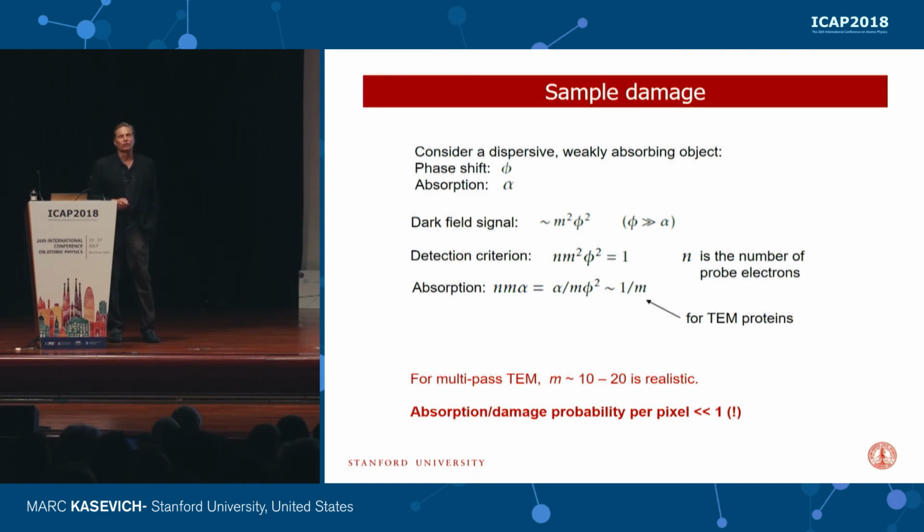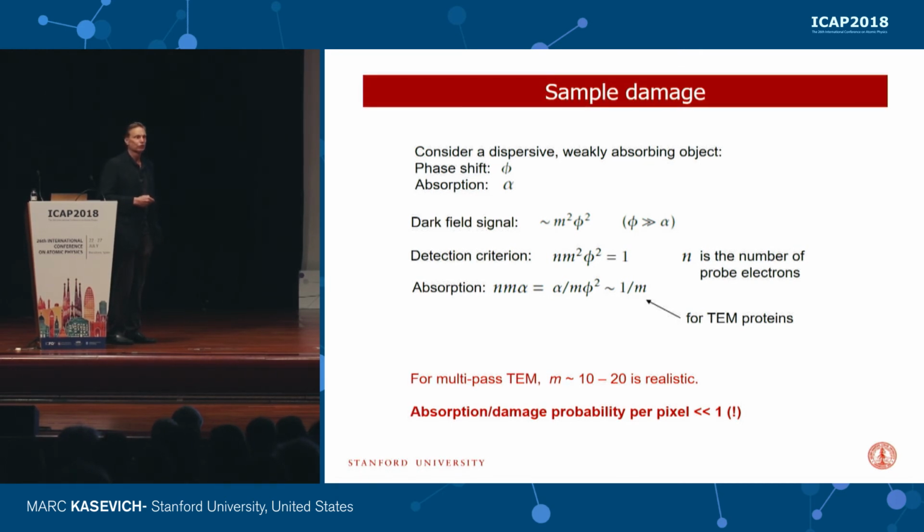A concluding remark: with just some simple math, we can look at the damage performance of this protocol. If you're familiar with dark field microscopy, the probability for a single probe going through the pixel of detecting, for example, an electron behind something that is giving you a dark field signal is proportional to the phase shift squared of the probe through that object.